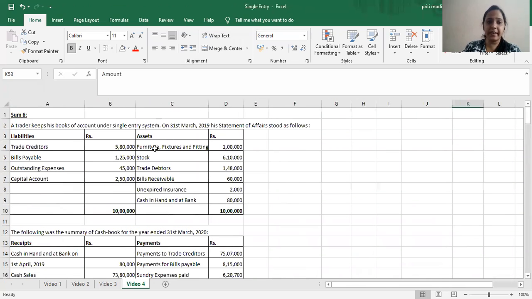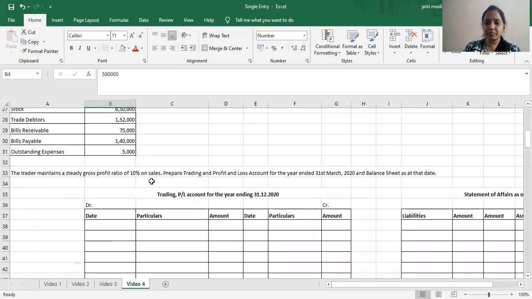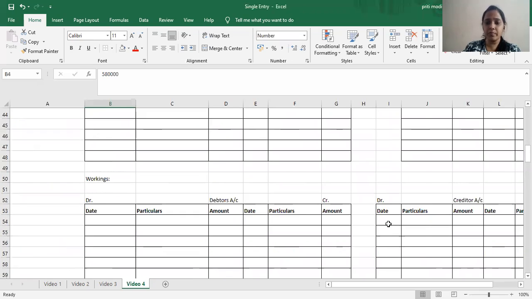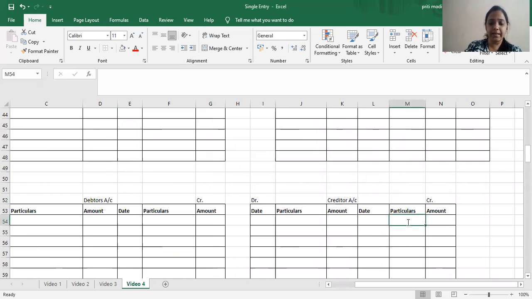So we have trade creditors. Trade creditors opening balance is here. Because the balance sheet is already there, so we simply need to post it once. So 5,80,000 will go to our opening creditor account. Opening creditor, we all know it is by balance BD.